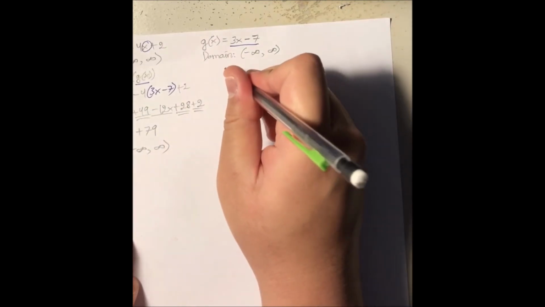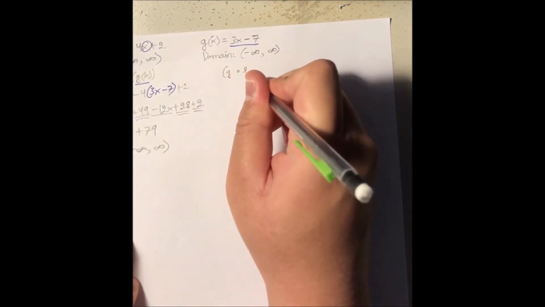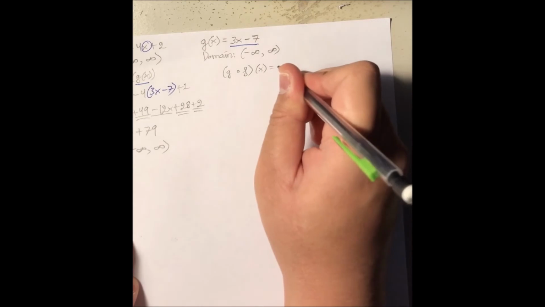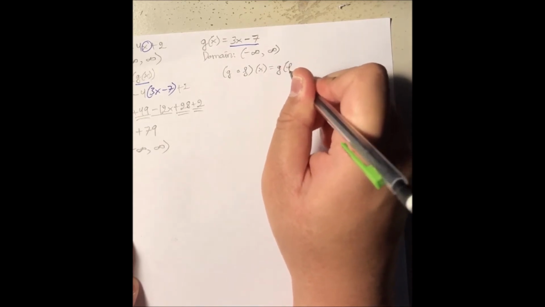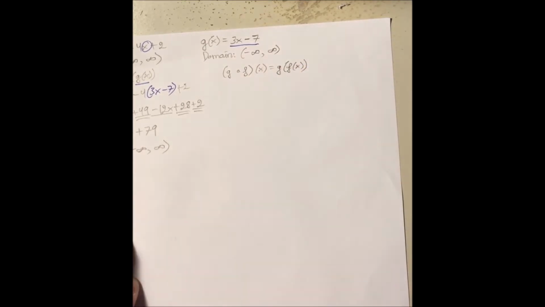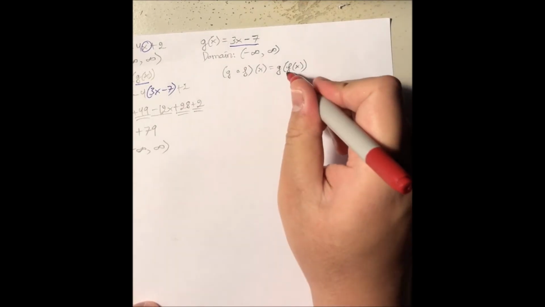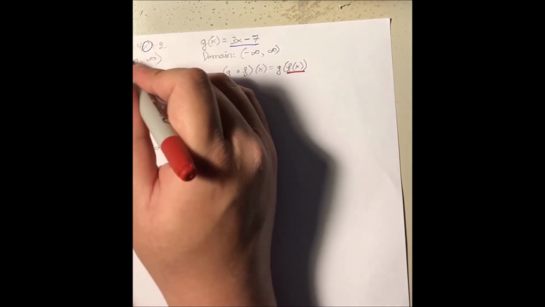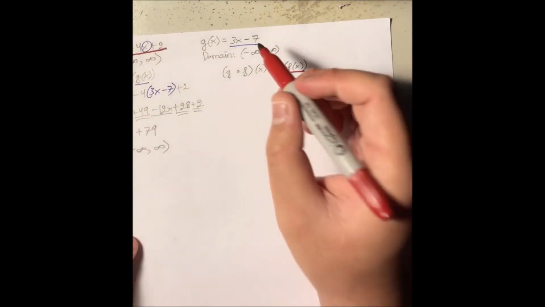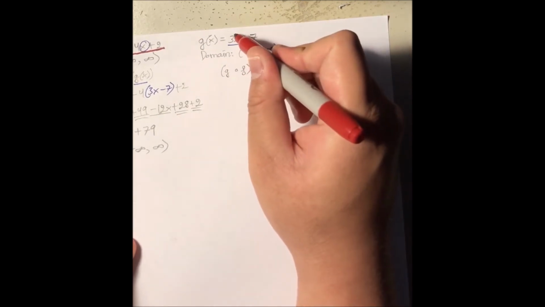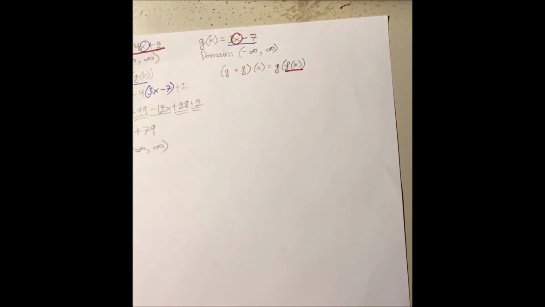Now, what about g composite f of x, which is g of f of x? Well, for the function f in the red, you basically replace all of the x of the g function with that f function.